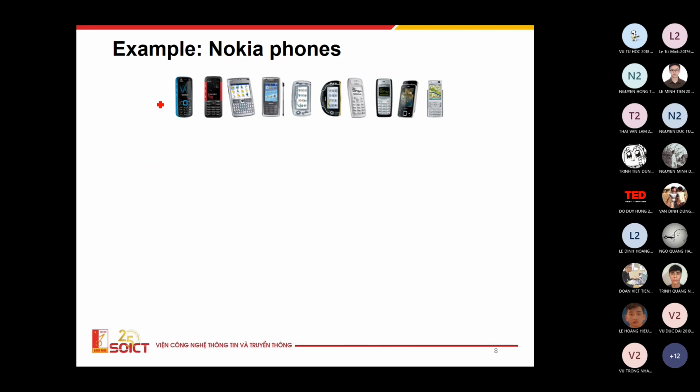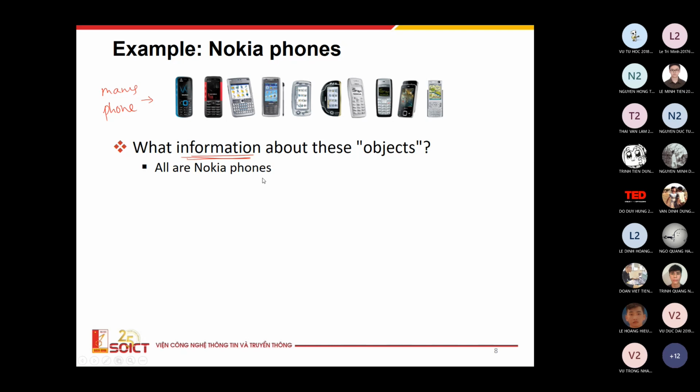For example, you have many objects, several Nokia phones, and maybe someone says to you that you have to describe this phone to him or to her. So how can you use some information to describe this object? Firstly, maybe this is just the brand of the phone.